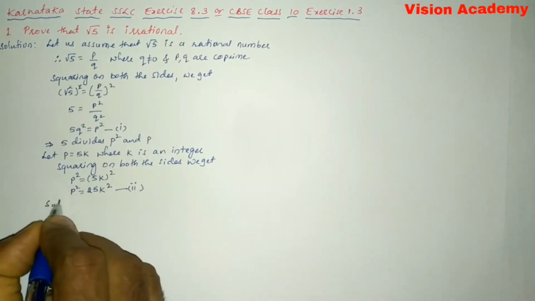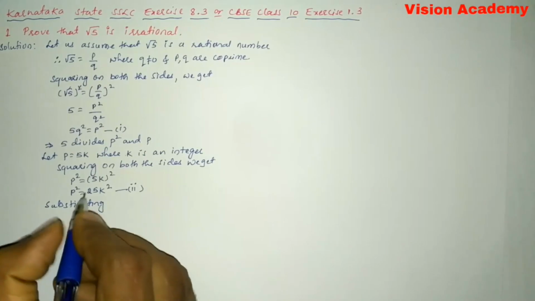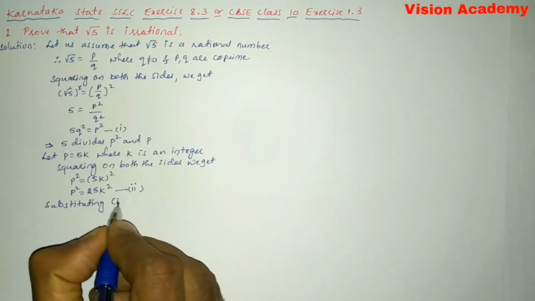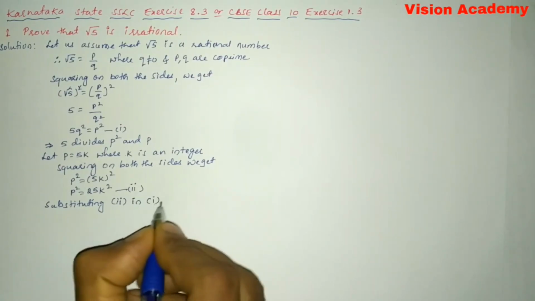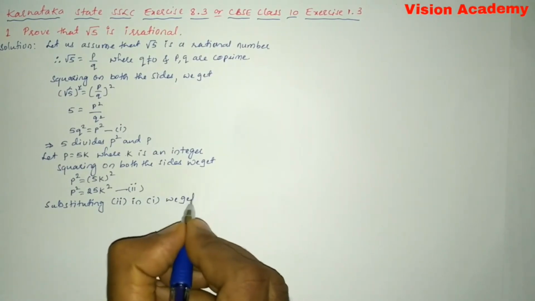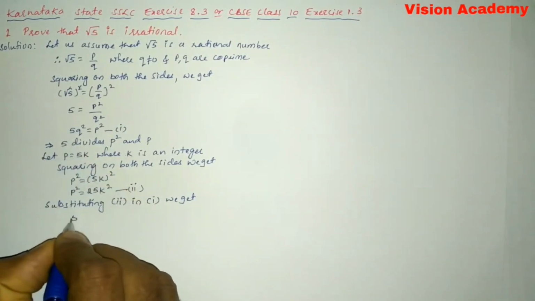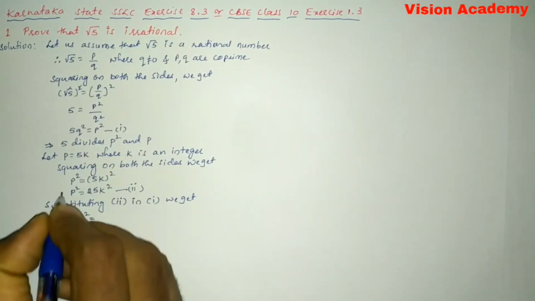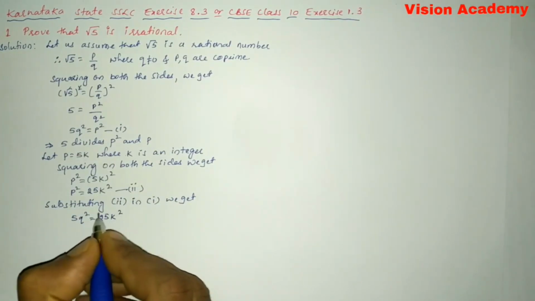Now substituting equation 2 in equation 1, we get 5 q square is equal to, here p square is 25 k square.